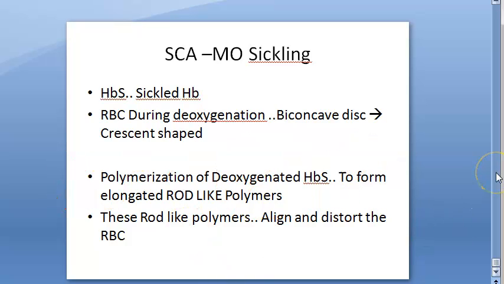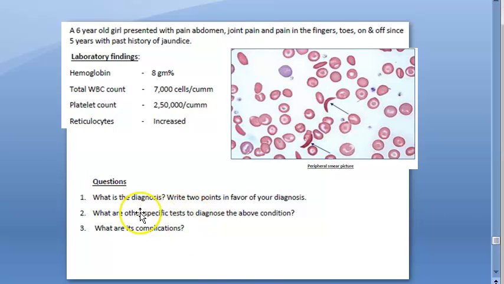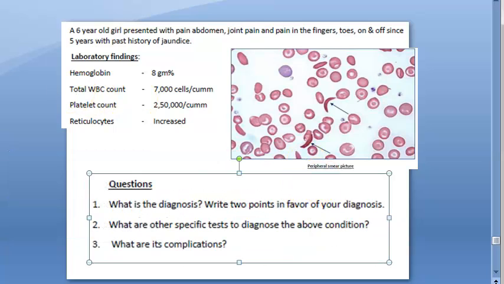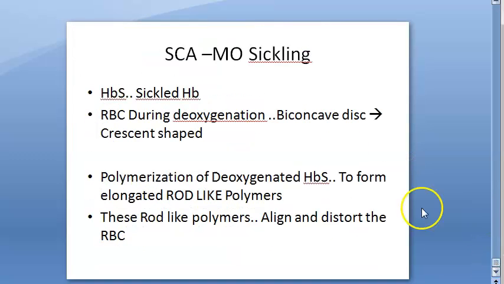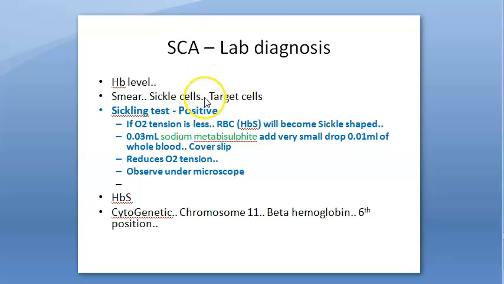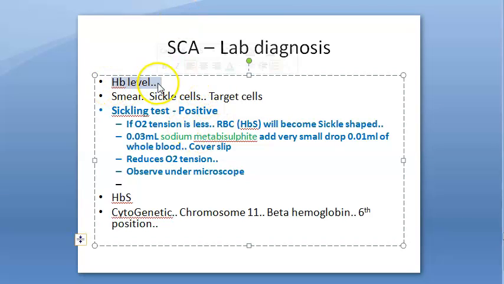Just go back and see what exactly are the questions they have asked. What is the diagnosis? Write 2 points in your favor. What are the specific tests to diagnose this condition? The specific tests are something like the sickling test. So you have the lab diagnosis of sickle cell anemia. Basically, you can check the hemoglobin levels. There could be anemia, moderate to severe.